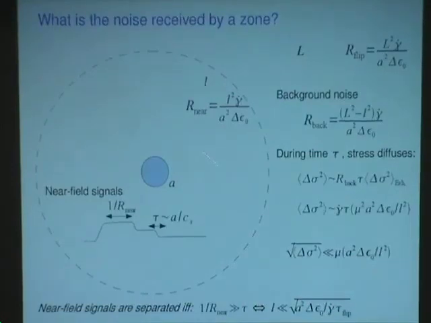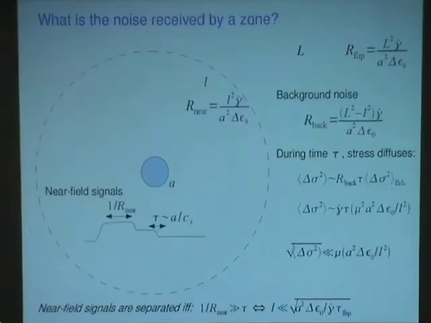Which means that if we just count the signals and signal frequency, we set a characteristic length scale l, which is set by the strain rate. And below this length scale, all the signals which come from closer than this length scale are signals which will look separated in time. So they carry directional information, and they are actually seen by the receiving zone.